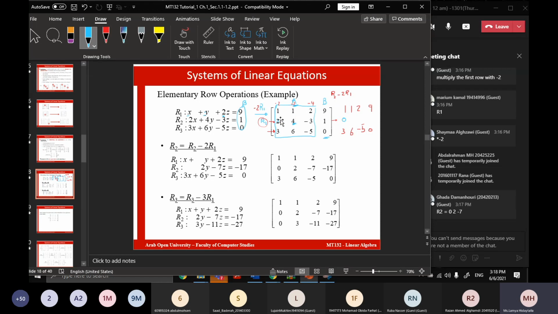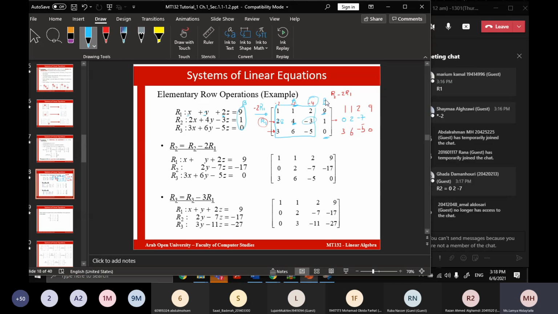And I am adding, sorry, because 2 minus 2 is 0. So 4 minus 2 is 2. And then -3 plus -4, so it is -7. And lastly, this one you also have to multiply times -2, which is -18. So -18 plus 1 is -17.